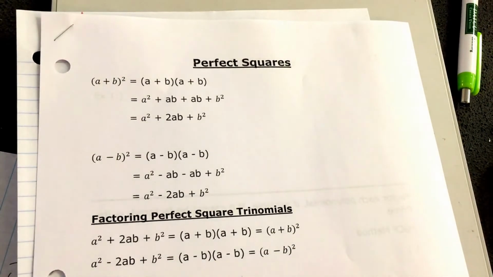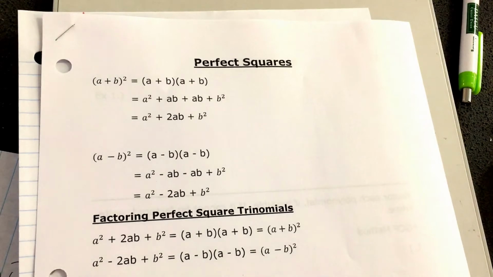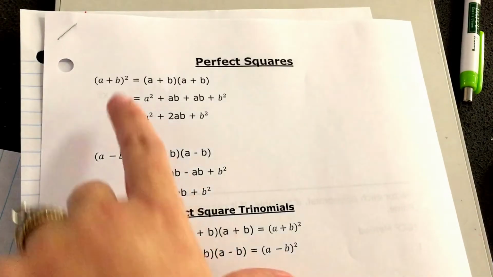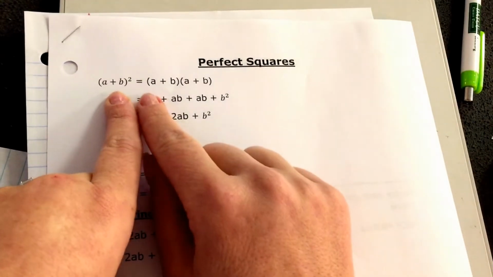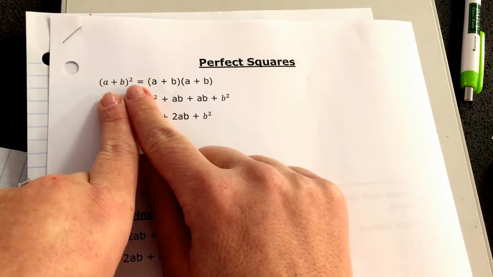What are perfect squares? Well, yesterday we talked about the difference of squares, where you had a squared minus b squared, and it equaled a plus b times a minus b. Well, today we're just going to see it written like this, where you have a plus b and you square it, and then you have a minus b and you square it. So if you pay attention here, anything squared is that times itself.